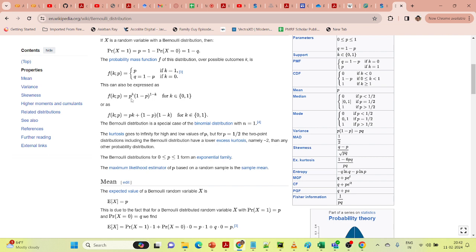As you can understand, in our case also it is very similar. Here p is the probability of occurrence of tumor, and k is whether we are looking for the tumor or no tumor case, meaning cancer or no cancer case.